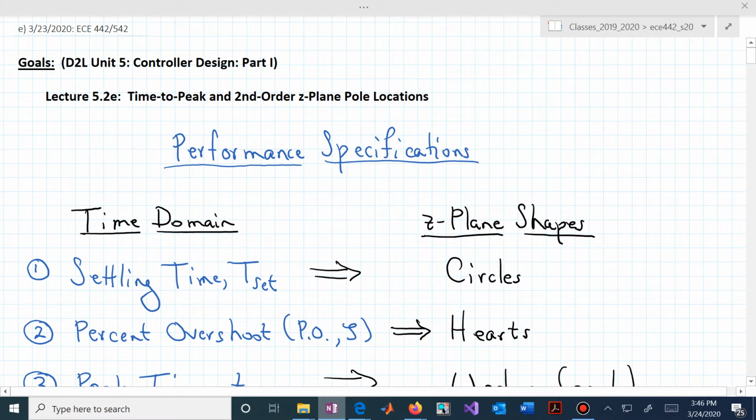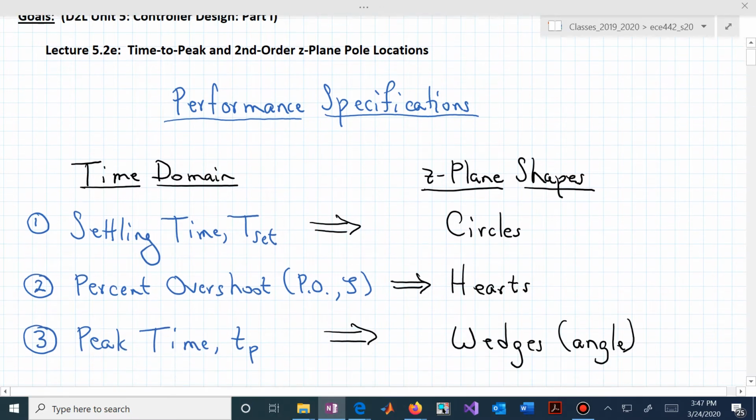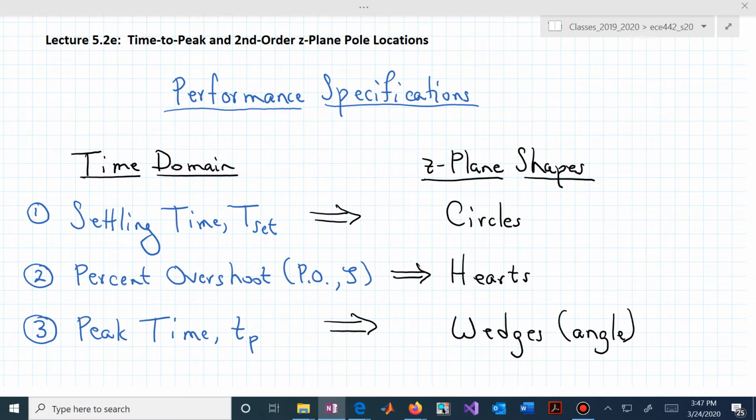We're still looking at pieces in lecture 5.2, and this is piece E, where we're relating the time to peak, or the peak time, to locations in the complex z-plane of a second order system. We've looked at all three of these, and the third one is what we're focusing on in this segment.